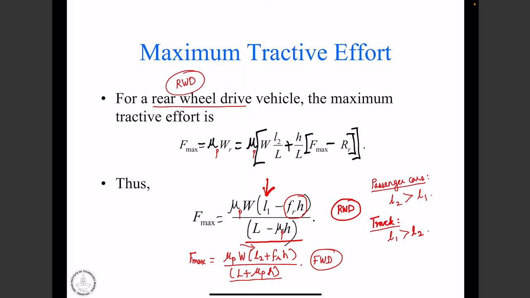So consequently, L1 is going to be greater than L2. So obviously, we drive the rear wheels. We get more thrust. That becomes very important for race cars. We want to utilize the maximum possible thrust or traction force available at the tire road interface, so that we can get the maximum possible F max.